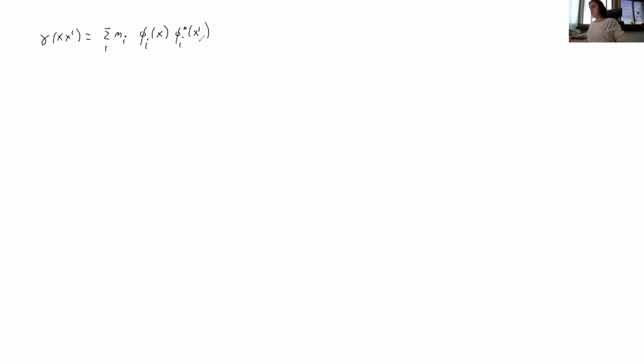These eigenfunctions of the density matrix are called natural orbitals, and the eigenvalues N_i are the natural occupation numbers. Now, I want to show that if the wave function is a Slater determinant, then these occupation numbers are either 0 or 1, which is quite different from an interacting density matrix in which the occupation numbers are fractional.